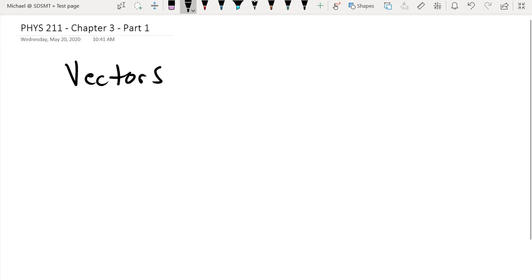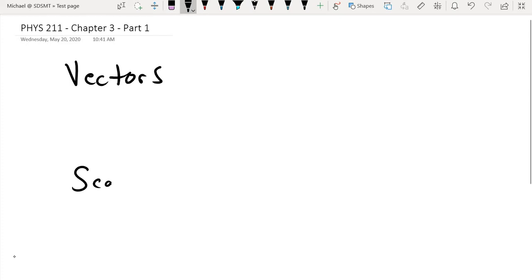We're going to be covering all the aspects of vectors, including the definitions, components, and how we can add and subtract vectors, along with how we can multiply vectors together if the situation calls for it.